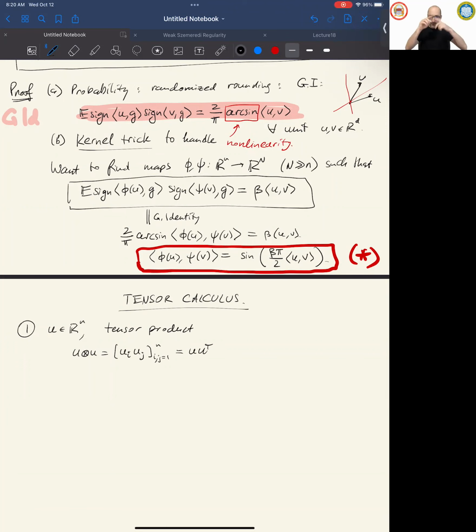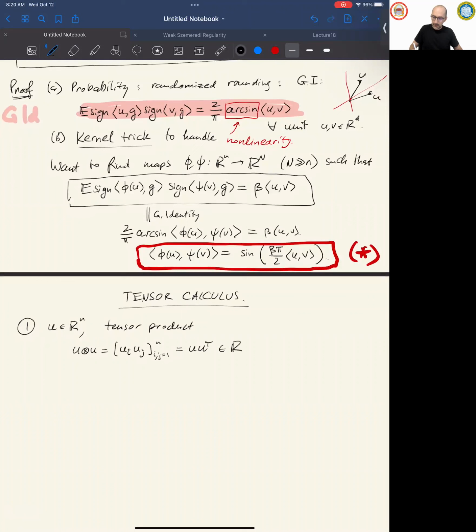You just multiply entry by entry, and you get the whole matrix. It now has n squared entries. The original vector has n, now we have n squared. And we equip the space R^(n²) with the usual inner product.